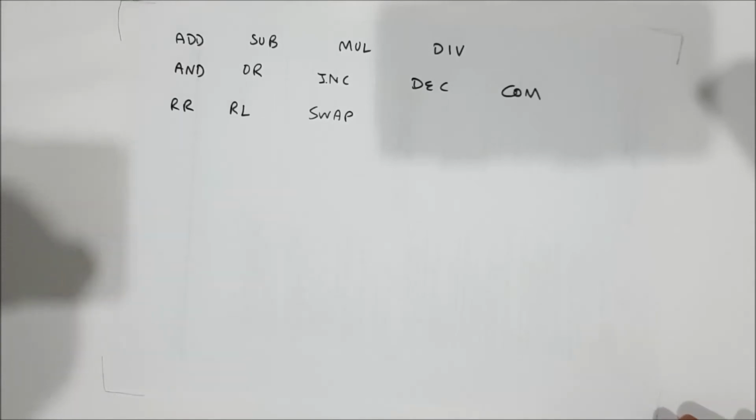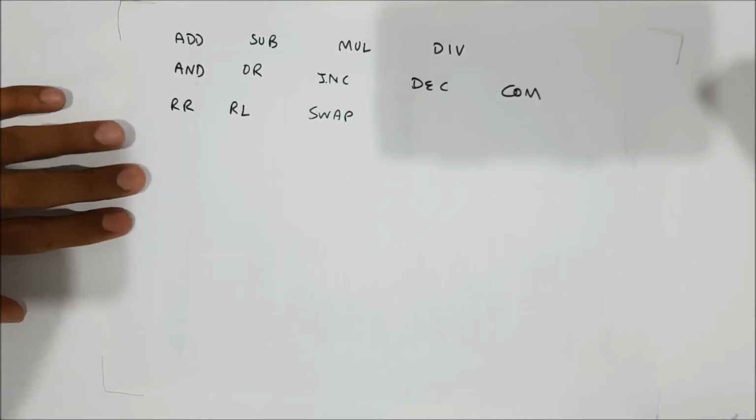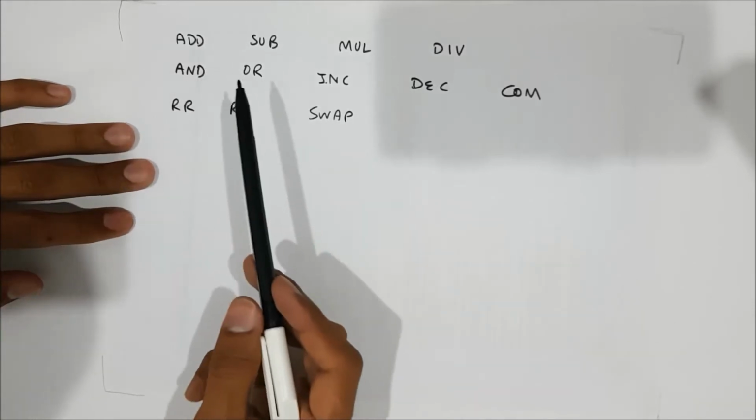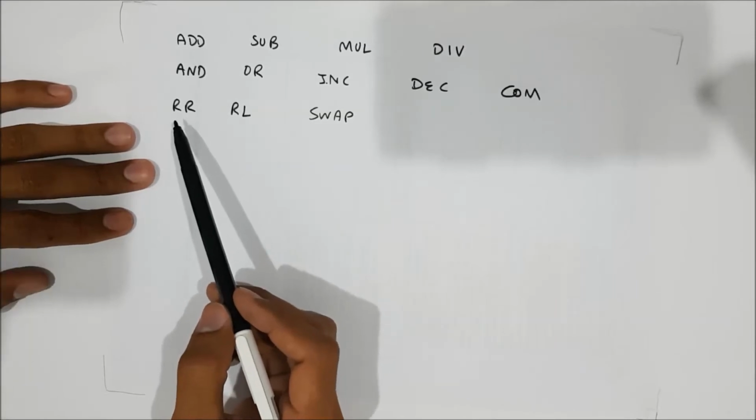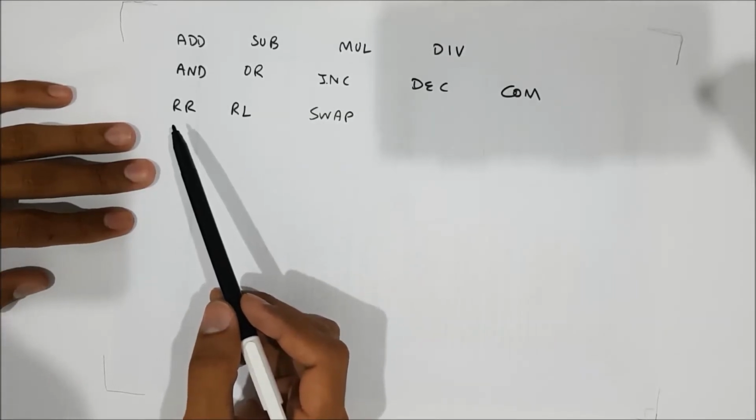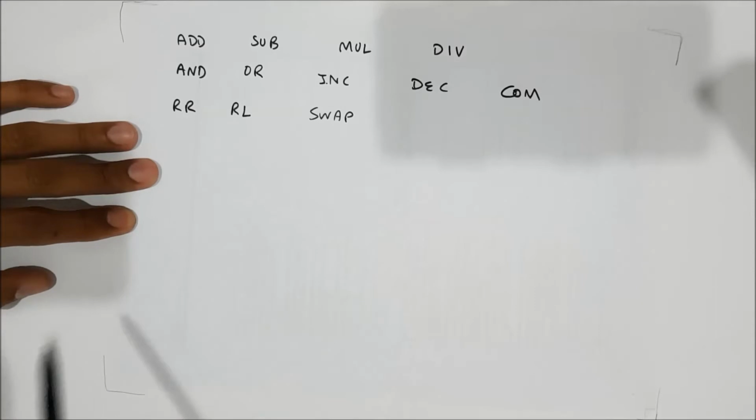These numbers may be placed within a file register or a working register or any other special function register. So all these arithmetic and logic micro operations can be performed using the basic instruction set of PIC18 microcontroller.